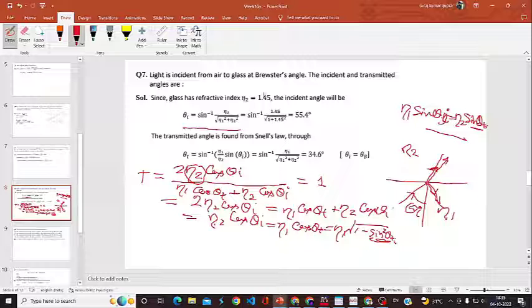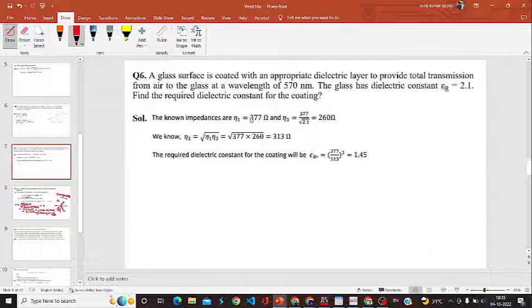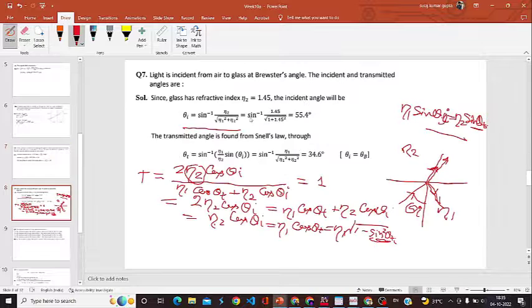The value of eta 2 is 1.45, and the incident angle is given to us. So eta 2 and eta 1 are already given, and by putting their values we can determine the value of theta I.